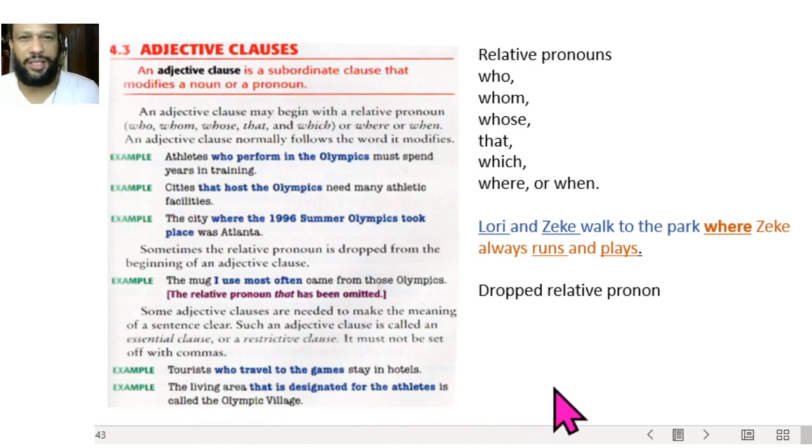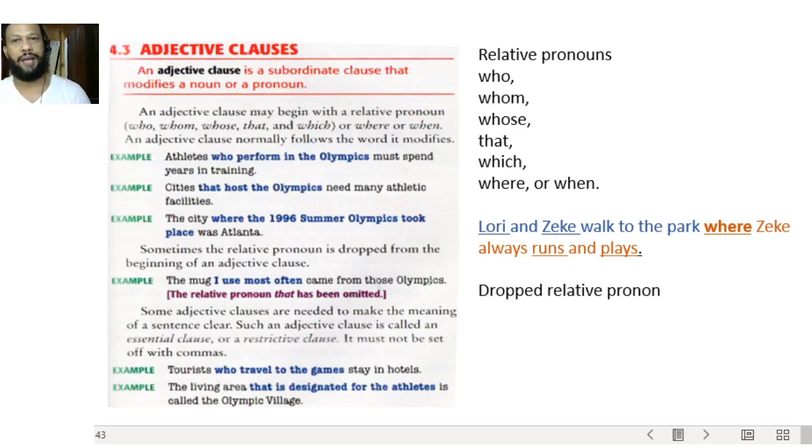One more thing we can say about adjective clauses is that there are two types, okay? And we're going to see these two types of sentences. Some authors call them defining, non-defining, essential, non-essential, restrictive, and non-restrictive, but they are talking about the same thing.